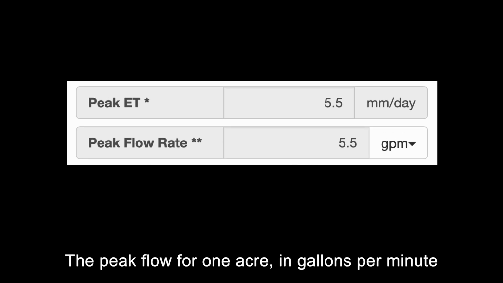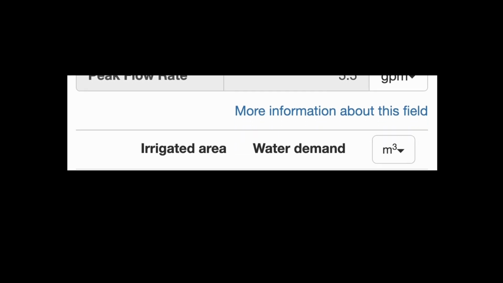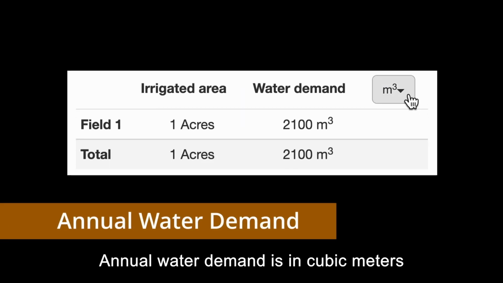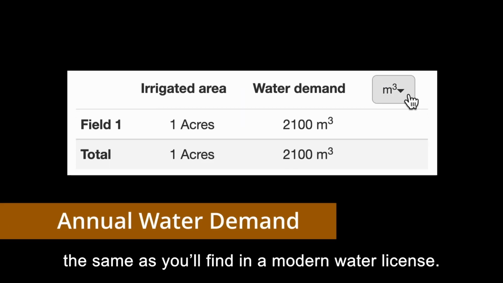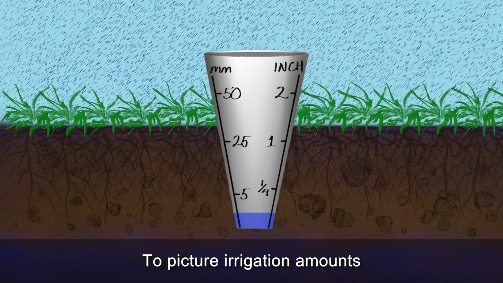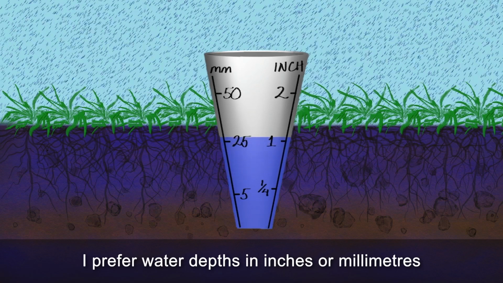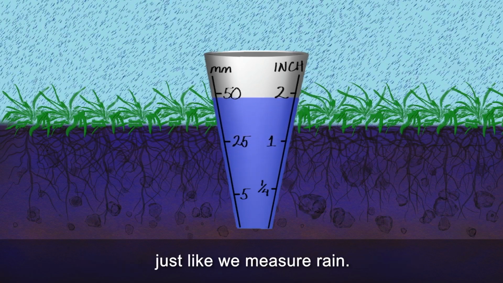The peak flow for 1 acre, in gallons per minute, is the same as the peak evapotranspiration in millimeters per day. Annual water demand is in cubic meters, the same as you'll find in a modern water license.